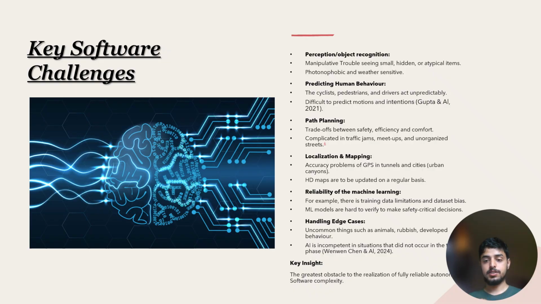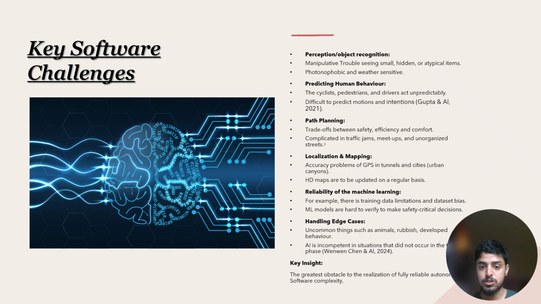Let's go to slide 5 about the software challenges. We already discussed about our hardware challenges. It's about the software challenges now. Software is the core of automated driving, but it presents many challenges. Perception system still struggle with the unusual object and the poor lighting. Predicting human behavior such as pedestrian suddenly cross the street remain extremely difficult.